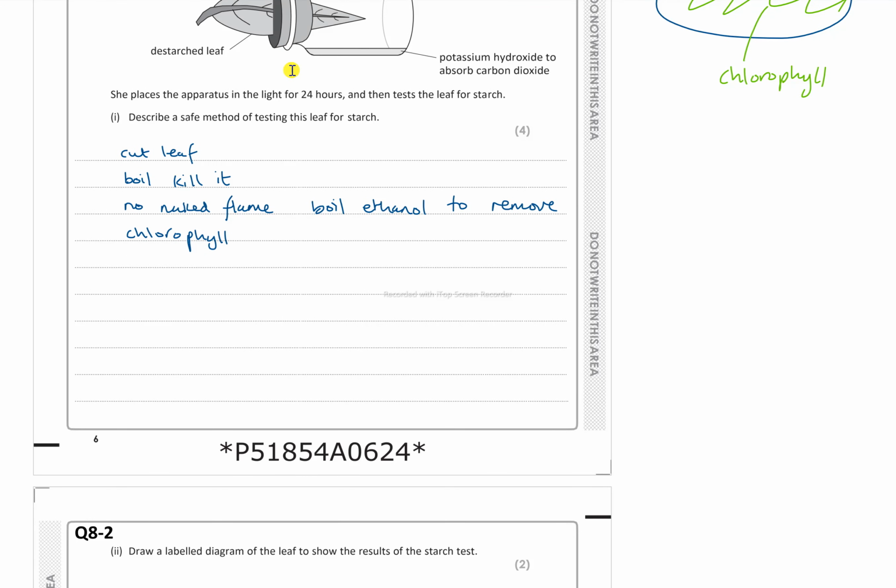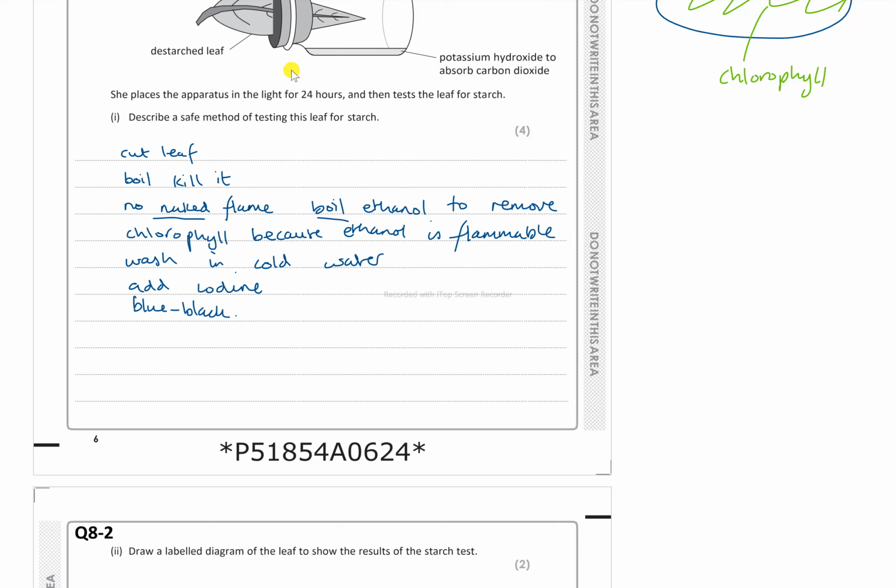To remove the chlorophyll, you make sure there's no naked flame because you're boiling ethanol, because ethanol is flammable. Then you wash it in cold water, and then you add iodine, and it will turn blue-black.